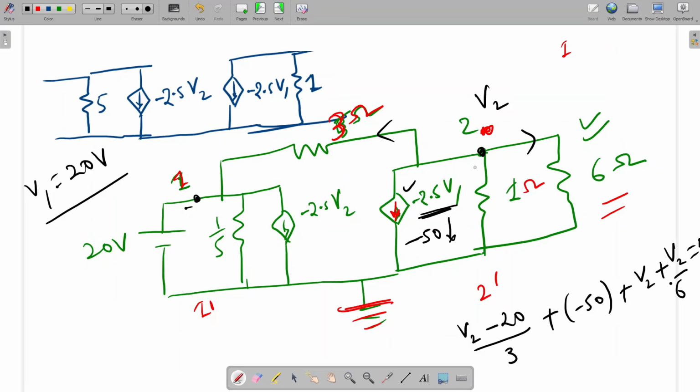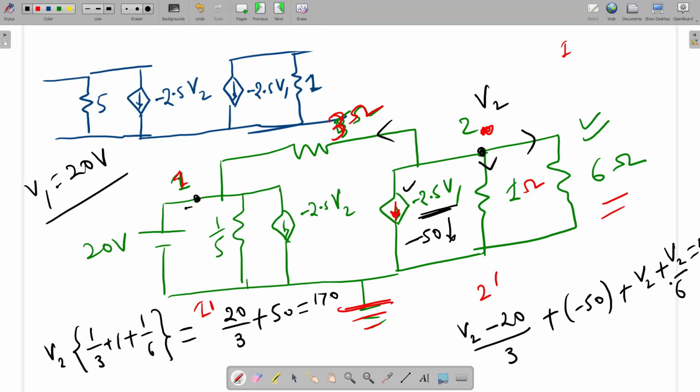Here V2 by 6, here V2 by 1. Is it clear? So finally we can take V2 common: 1 by 3 plus 1 plus 1 by 6 is equal to 20 by 3 plus 50. So 50 into 3 is 150, plus 20, 170 by 3.